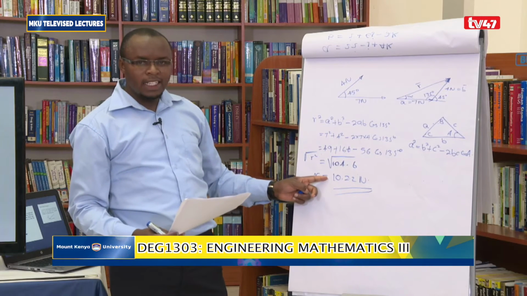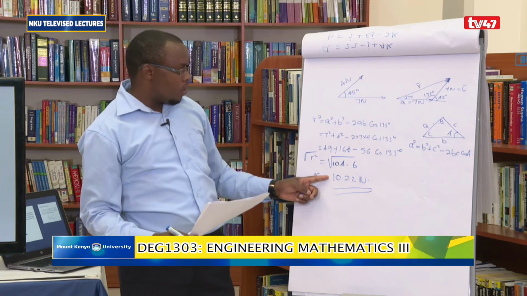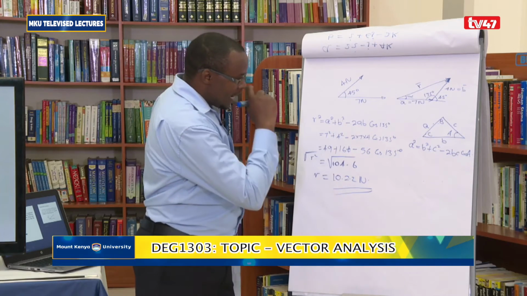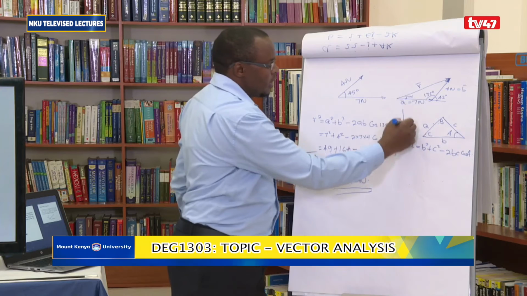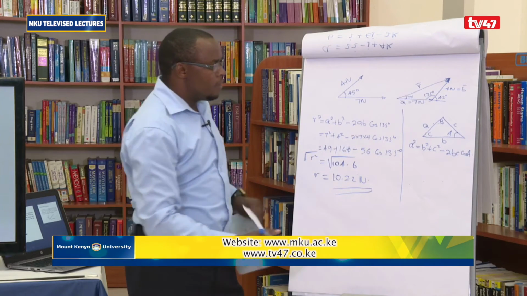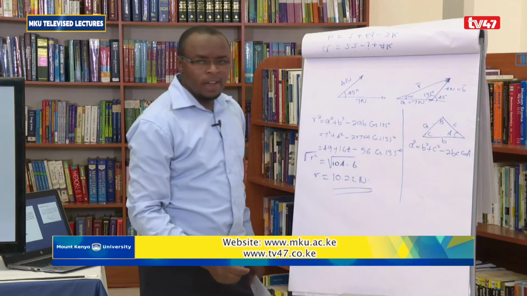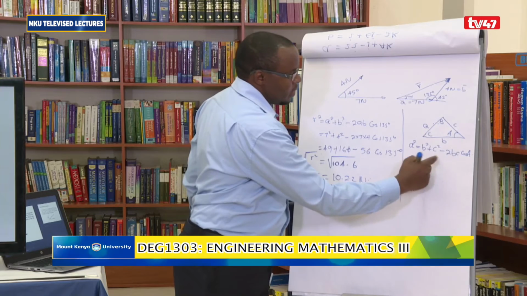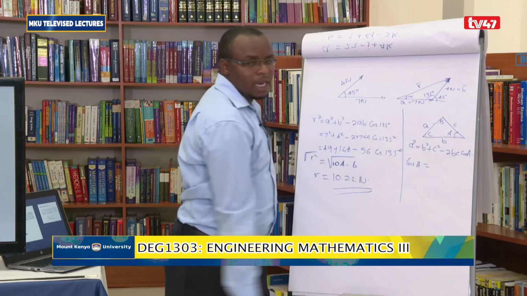Then we need to get the direction of this vector. So the direction, again, if we come back to this formula, if you want to get the value of this angle, cos A, of course, you make it the subject of the formula.